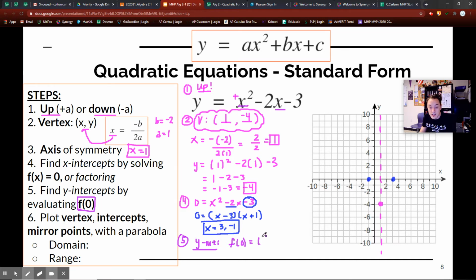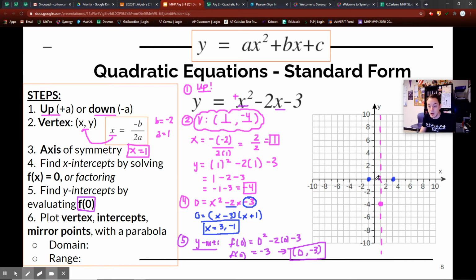So I'm plugging in 0 squared, minus 2 times 0, and then minus 3. Well, that simply is negative 3. So f of 0 is the same thing as saying this point: my x was 0, and I got out negative 3. That is my y-intercept, and that's what I'm going to plot.